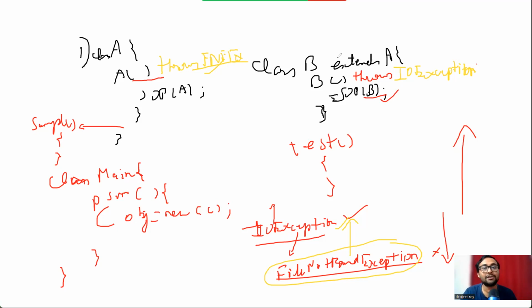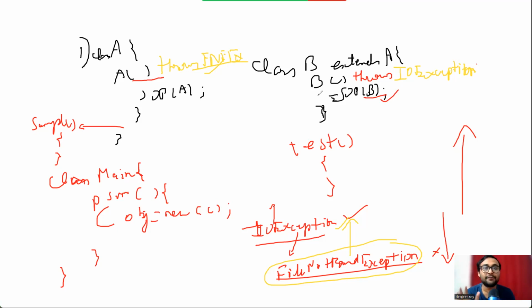There it will not throw any kind of compile time error because there are no such rules and regulations for runtime exception or no exception. Rules are there only for checked exceptions. That is very important to understand. So an interviewer can ask you, if we are making use of unchecked exceptions and we are going lower in hierarchy, will it throw any kind of compile time error or not? No, the hierarchy order will matter only when we are making use of checked exceptions.